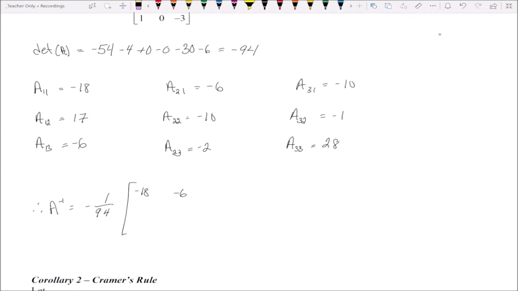Oh no, I was right. Oh, I'm sorry. Negative 6, negative 10, negative 2. Right? They're columns. That's why I wrote it this way. Then distribute that negative 1 over 94 through, we're going to get the following.